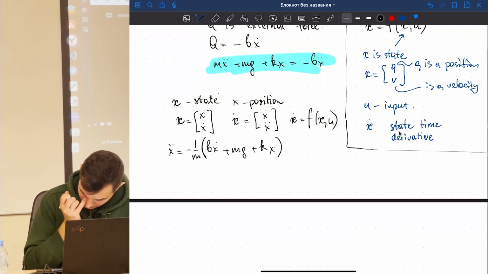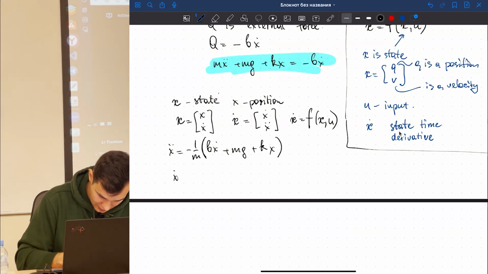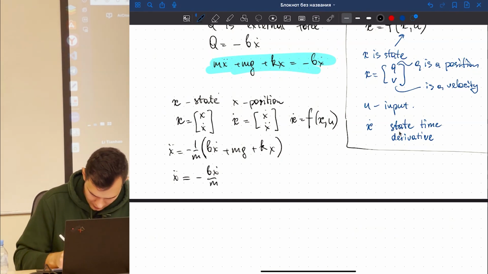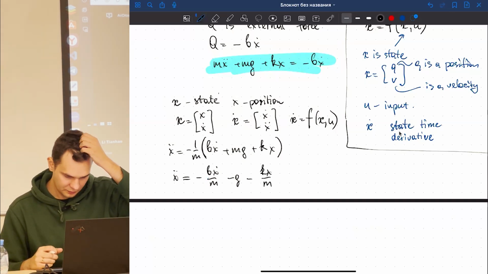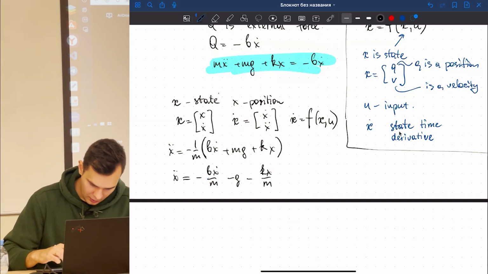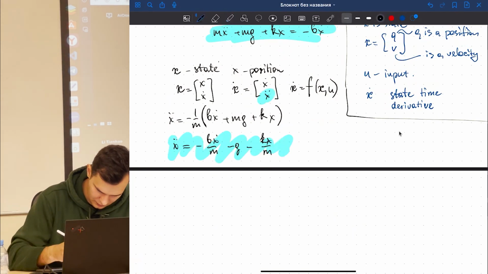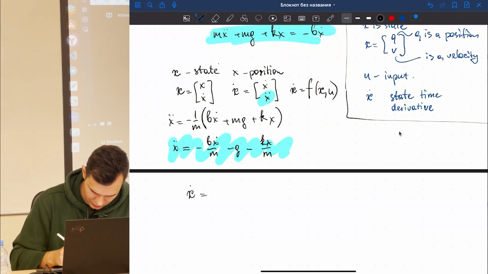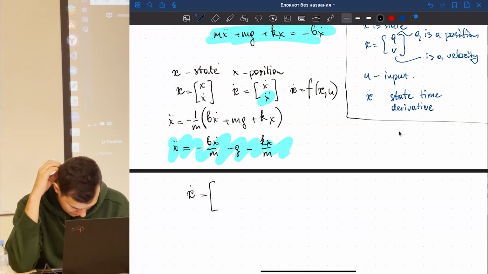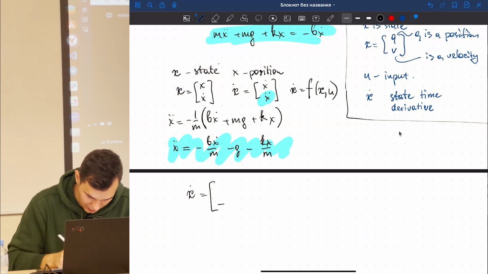What we're going to have is x double dot equals minus b x dot over m minus g minus k x over m, something like this. And we need to put it here. So x dot equals, we're going to compose it as a matrix.